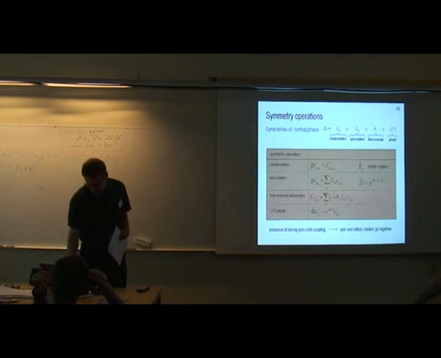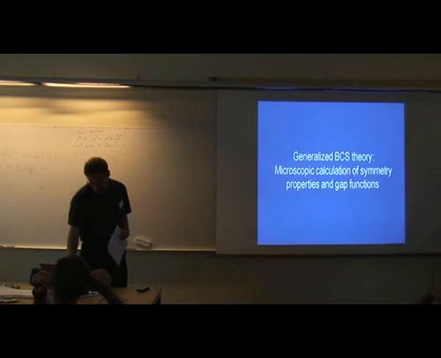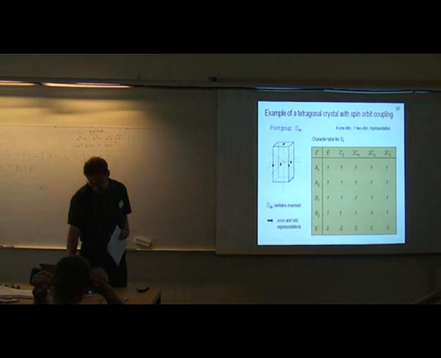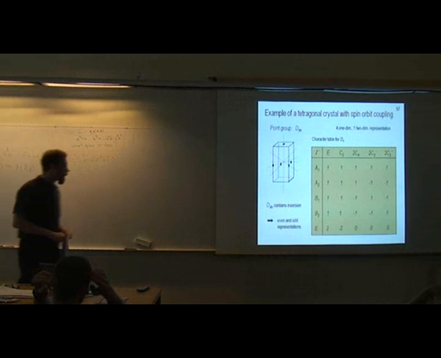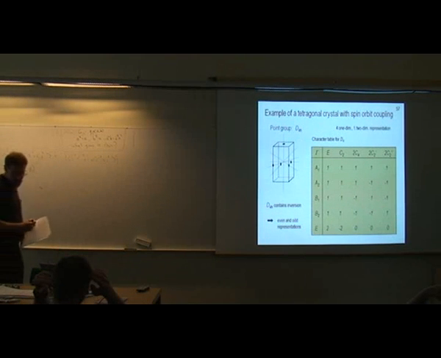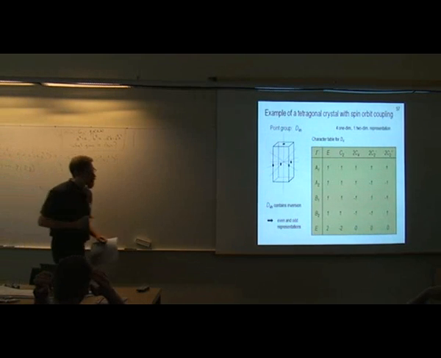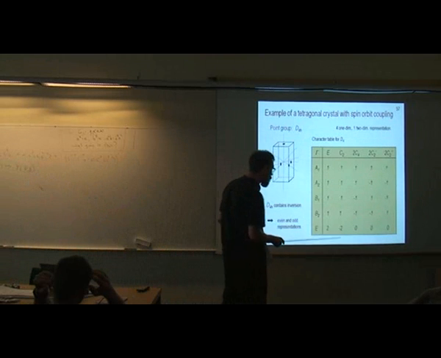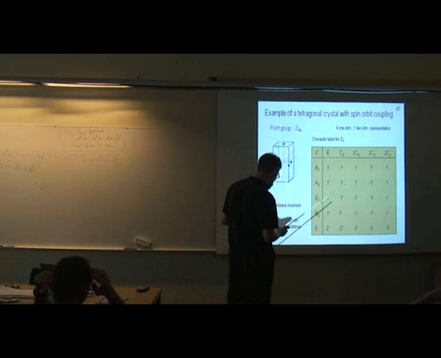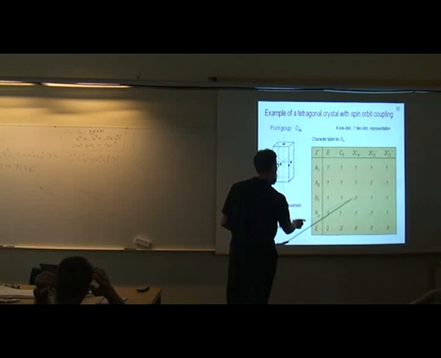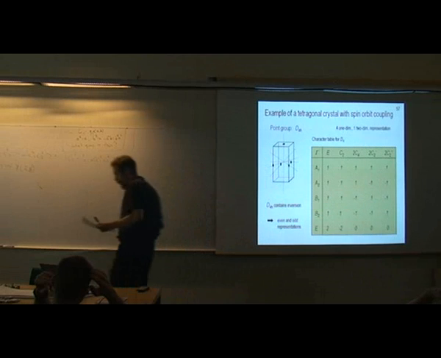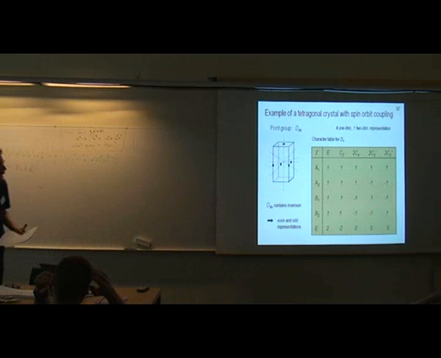And now let's go back to our character table for D4, all right? And let's look in particular at one of the representations. Let's look at B1. Let's look at this representation here. And let's ask the following question.